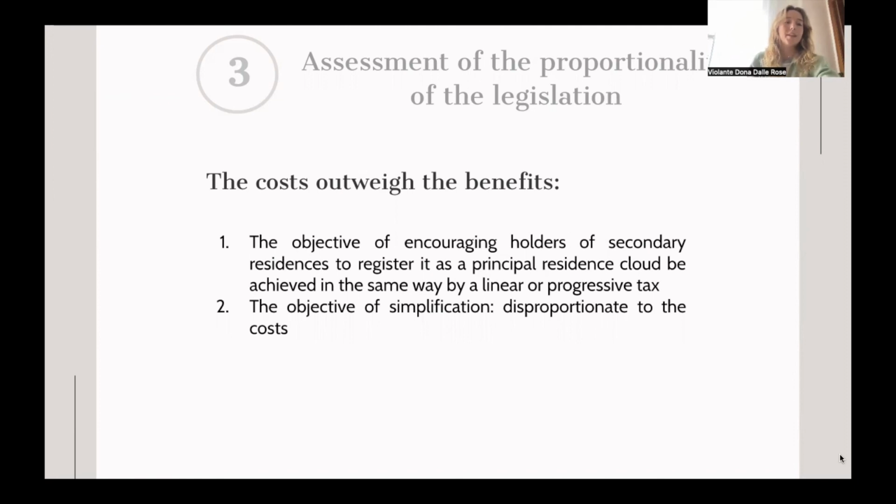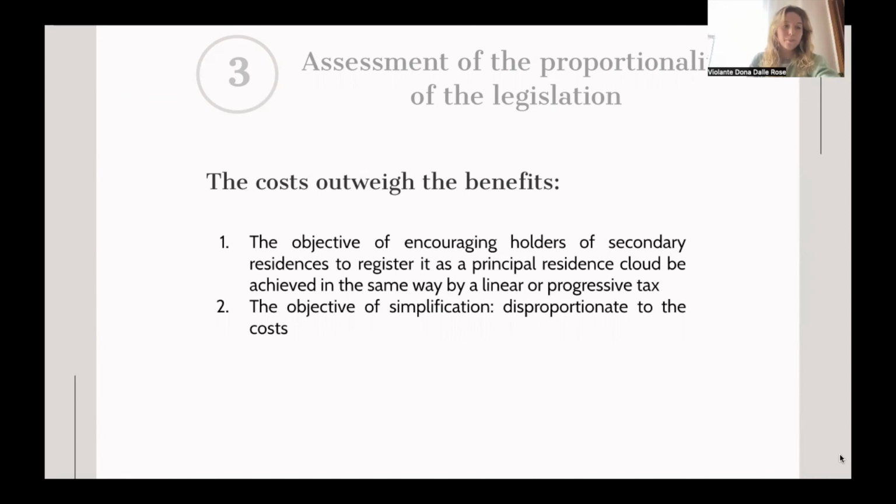So basically, the objective would be achieved in the same way, for example, by a linear or even a progressive tax scale, which would avoid the unequal treatment established in the present case.